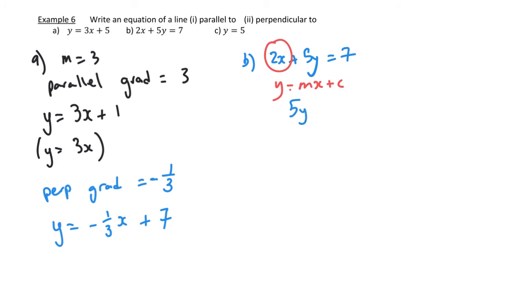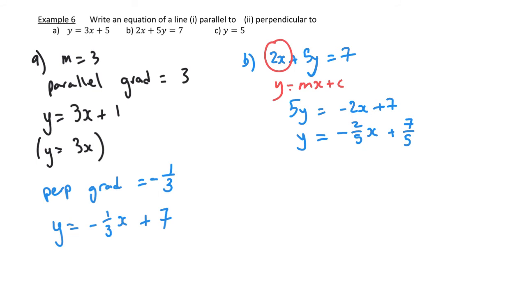And we'll have 5y equals minus 2x plus 7. And then if we divide everything by 5, we get y equals minus 2 over 5 x plus 7 over 5.